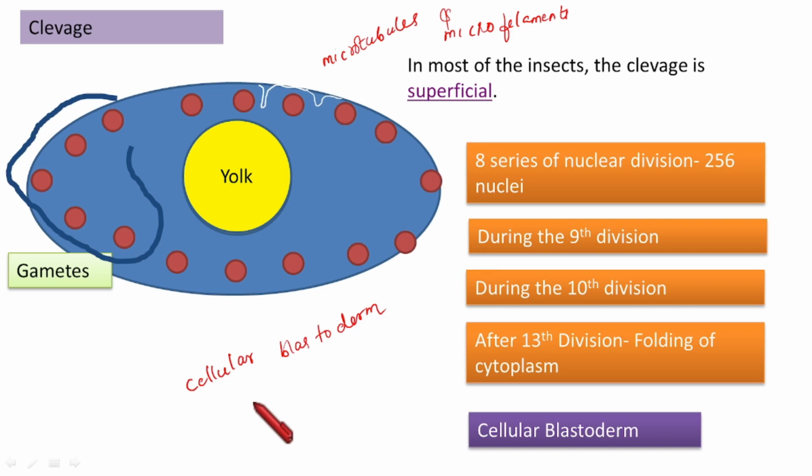And when the embryo attains the cellular blastoderm stage, how many cells does it contain? Around 6,000 cells are present. This stage is attained 4 hours after fertilization, and that's about the cleavage in Drosophila.